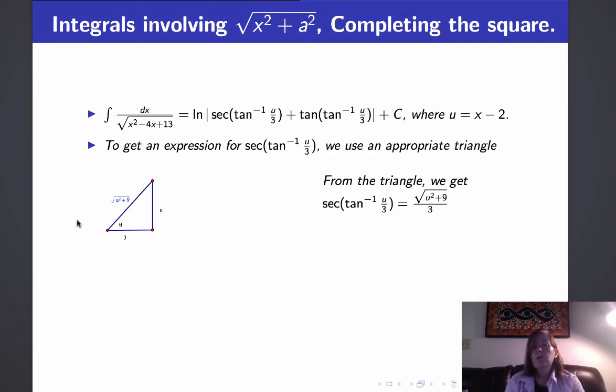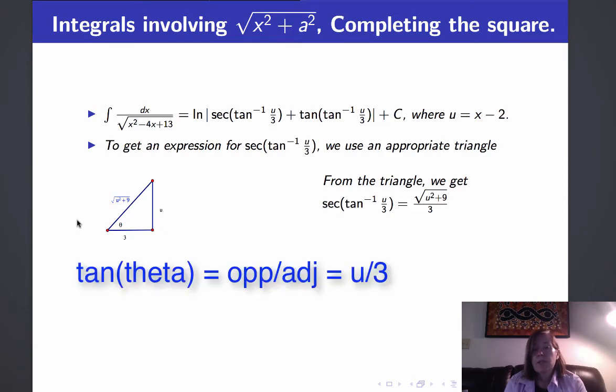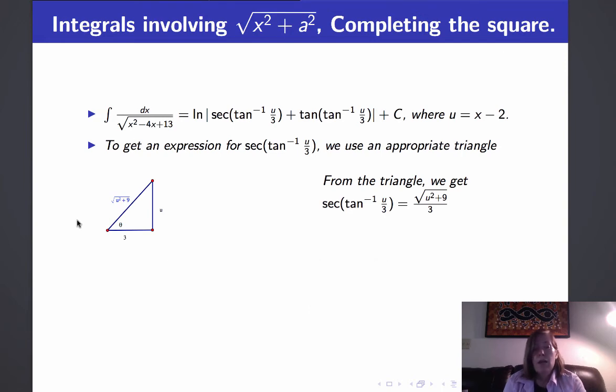So first of all, trying to write secant of tan inverse of u over 3 as an expression in u, we draw our triangle with an angle theta where the tangent of theta is u over 3. So here theta is tan inverse of u over 3. And that means that the opposite over the adjacent must be equal to u over 3. So if we let the opposite be u and the adjacent of length 3, then we get the appropriate triangle.